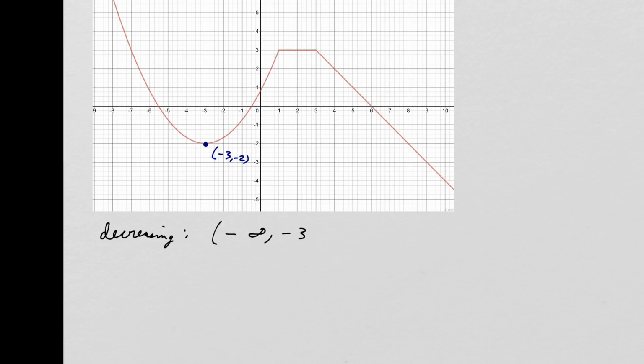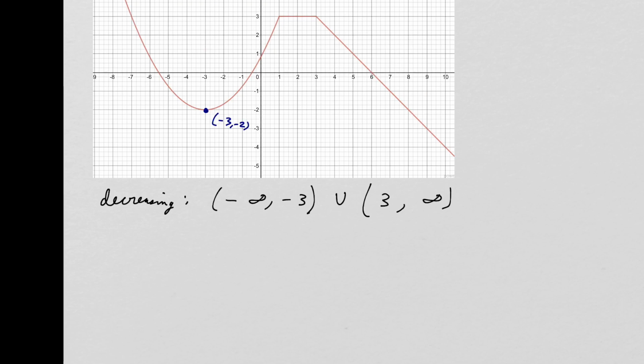Now, you don't want to include -3 itself, that point, so I'm going to use parentheses, because right when it's a local minimum, it doesn't make sense to say whether it's increasing or decreasing. So always use parentheses when we're talking about intervals where it's increasing or decreasing. And then where is the other interval? Well, union, and then 3 to infinity.